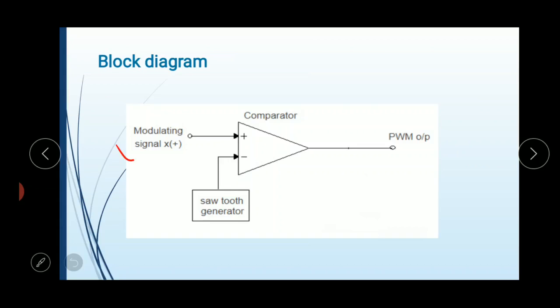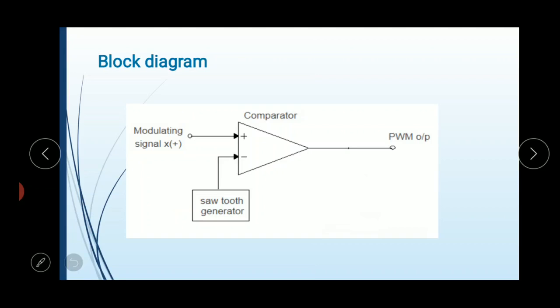The modulating signal x of t is applied to the non-inverting input of the comparator. The sawtooth generator generates the sawtooth signal. The sawtooth signal, also known as the sampling signal, is applied to the inverting input of the comparator.